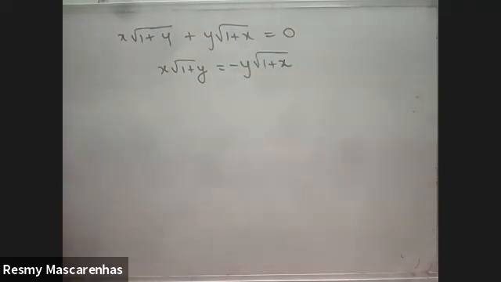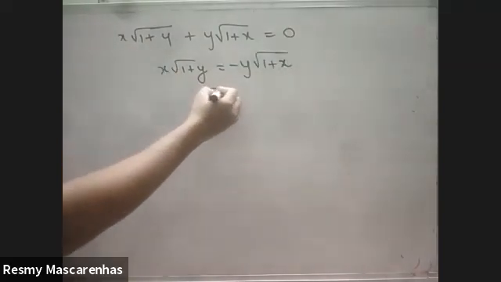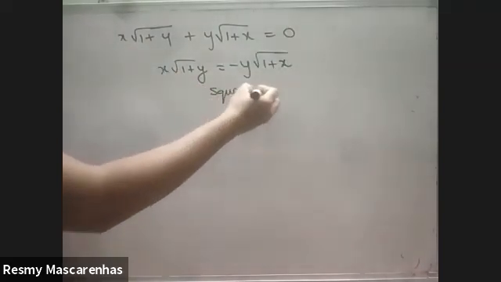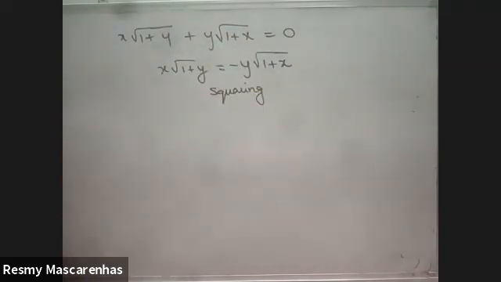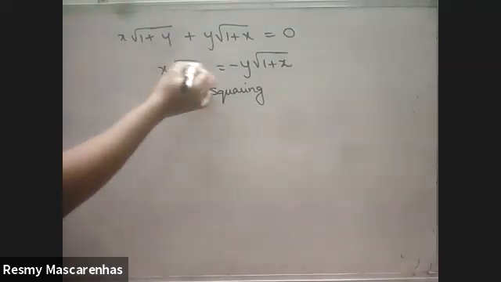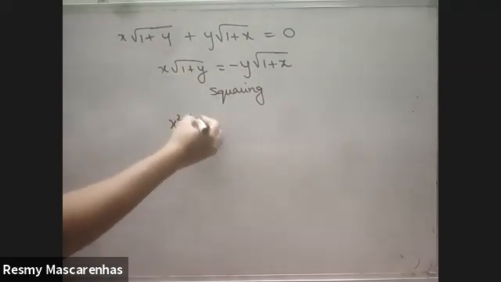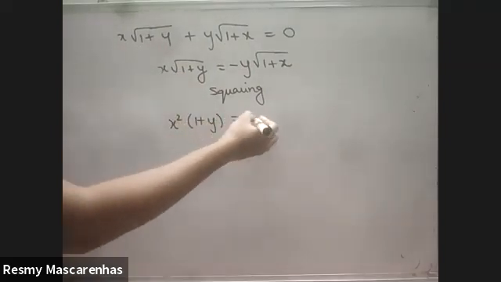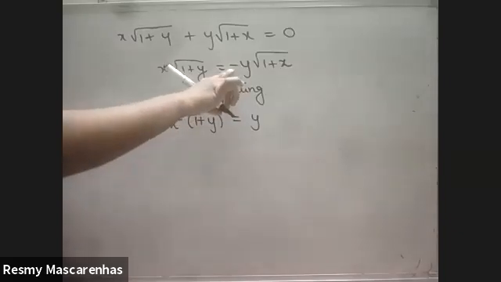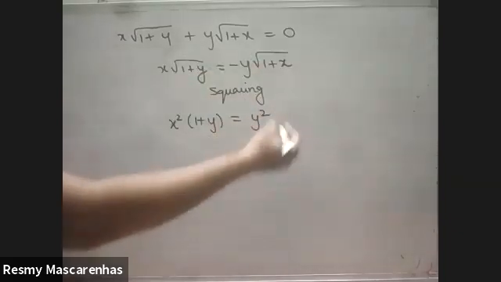And in order to get rid of the root sign, you can square on both the sides. Whenever you're squaring, be careful, this will anyways become square and root and square will cancel, just become this much. Anyways, minus y the whole square is anyways plus y.